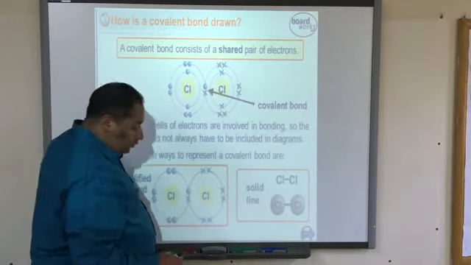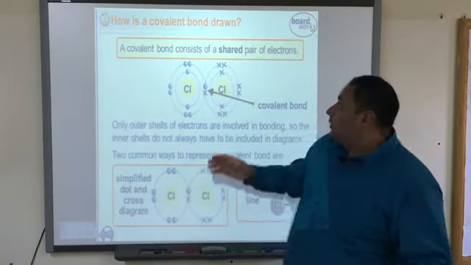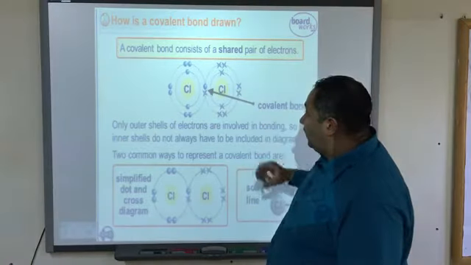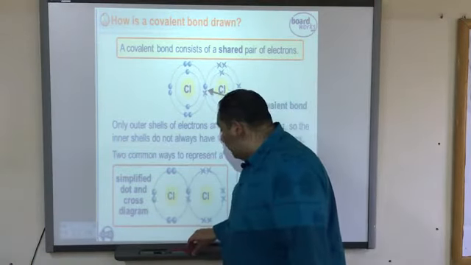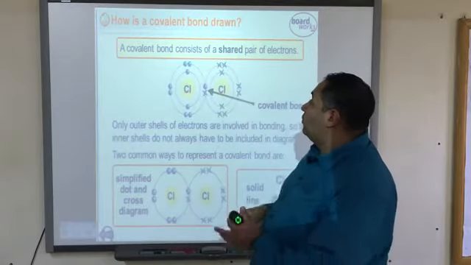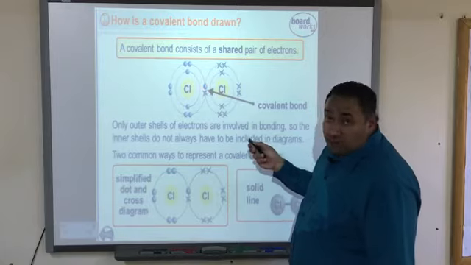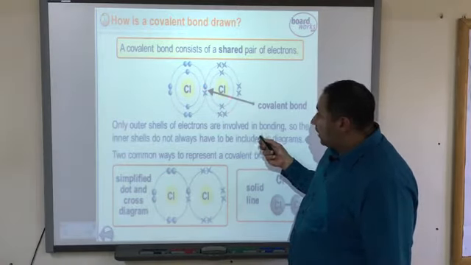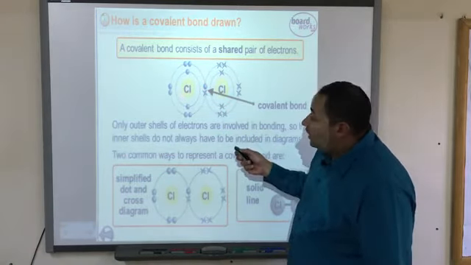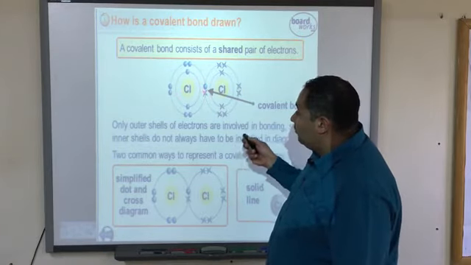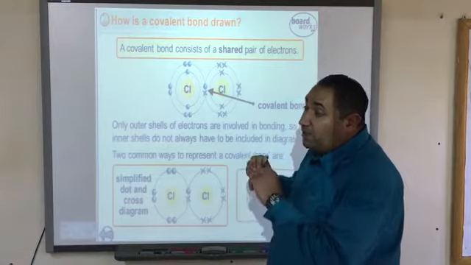So how can we draw a covalent bond? How can we represent it? As you see, a covalent bond consists of a shared pair of electrons: one electron from this atom and one from the other atom, together making a pair.